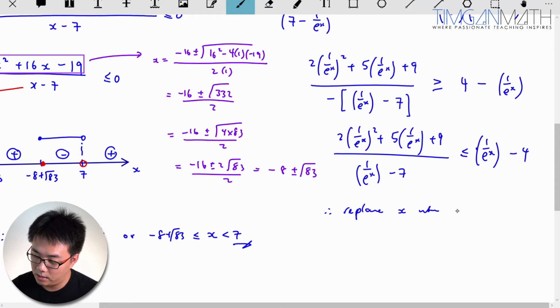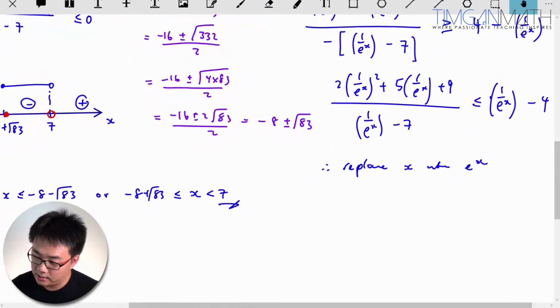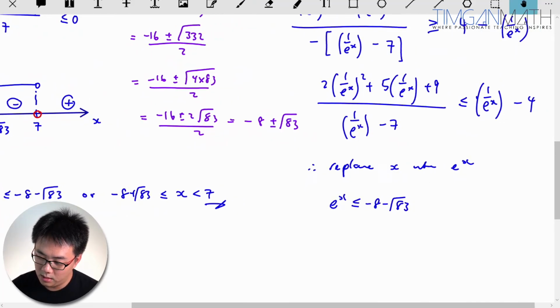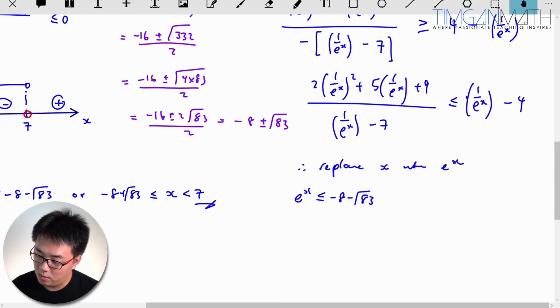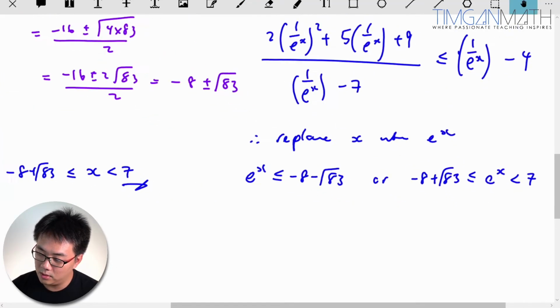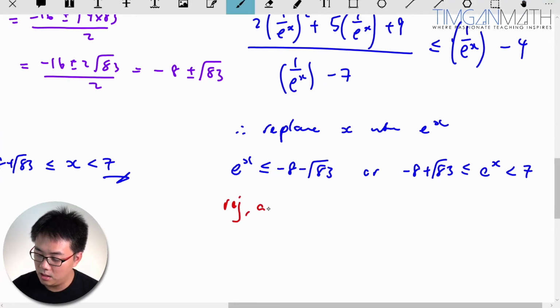So anyway, hence replace x with e^x. This part here we will get e^x less than minus 8 minus root 83, or minus 8 plus root 83, e^x between 7. But because e^x is always positive, this needs to be rejected, as e^x is always a positive number.